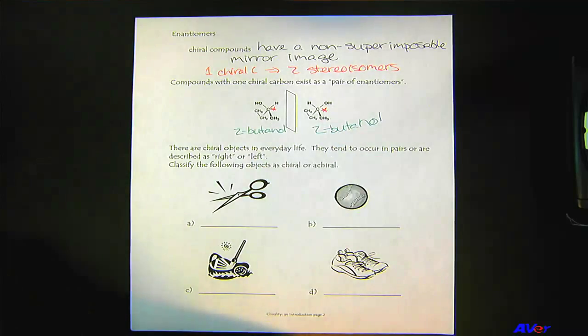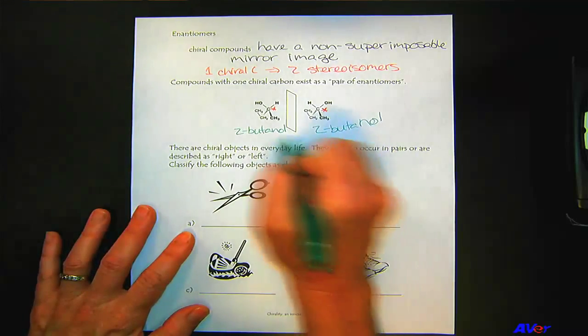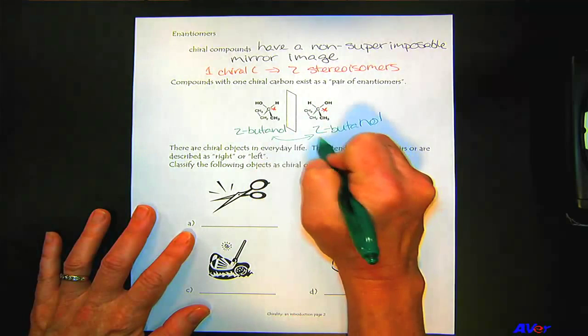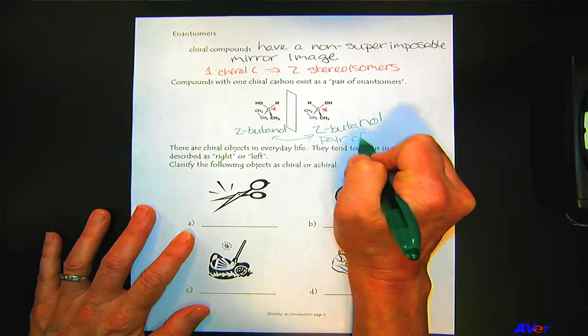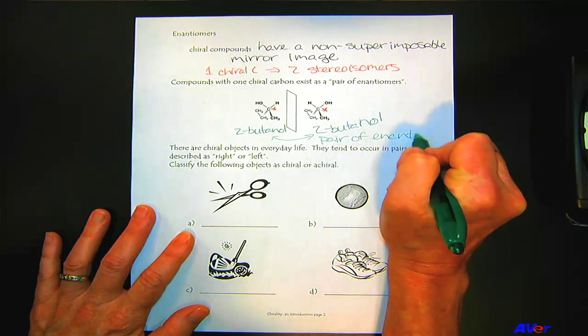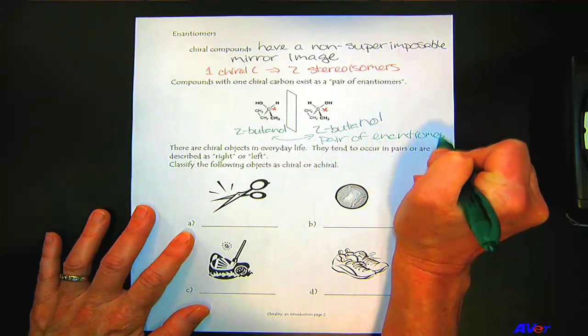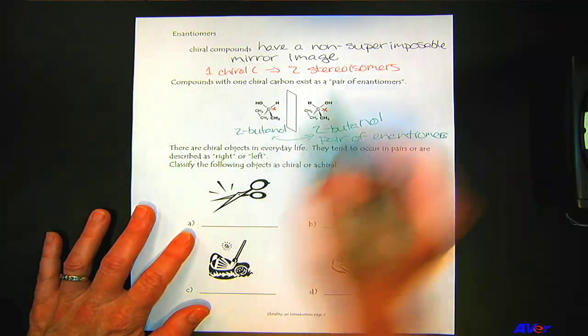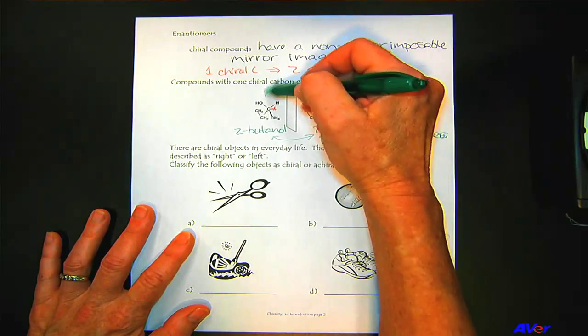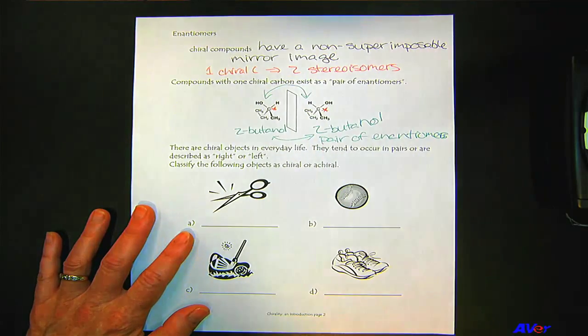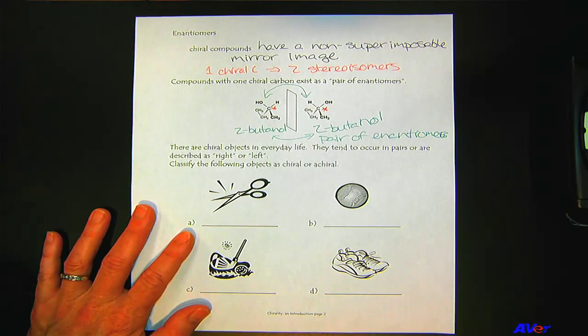So this would be the pair of enantiomers. These are distinguished, but we're not going to worry about that for this class. We just need to know that there's two different compounds.